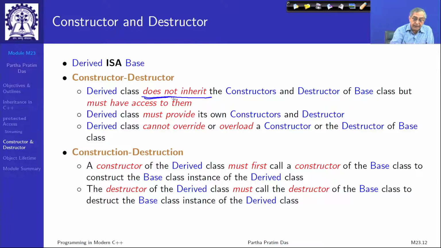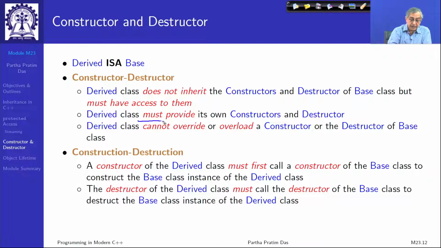So, you do not inherit them, but you must have access to them. Why do you have access to them? Because in object layout, in the derived class, a base class part, a base class instance is getting created. Now, naturally, the derived class does not know how to create the base class object. So, it has to use the constructor for that, same for the destructor.